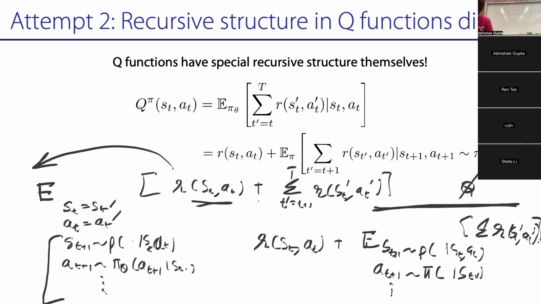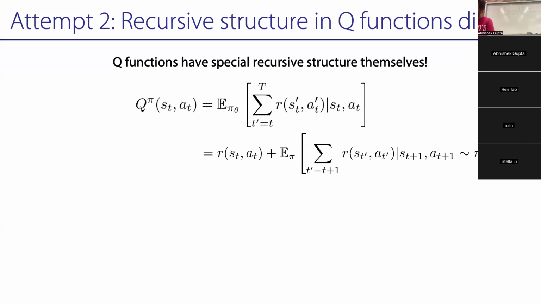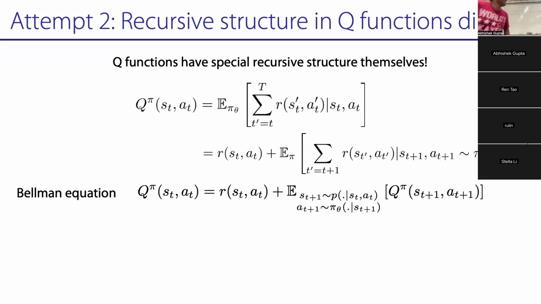And so instead, what it's going to be is the average Q function at the next step, with the action sampled from the policy, where s_{t+1} is sampled from the dynamics and a_{t+1} is sampled from the policy. And remember, a Q function is: start at s_t, take one action a_t that's off, and then follow the policy, right?